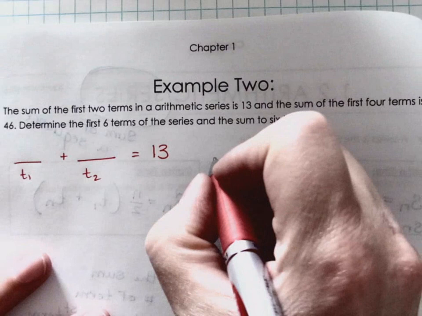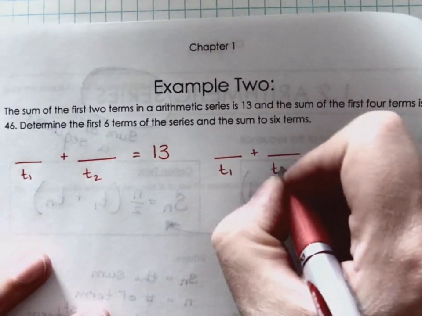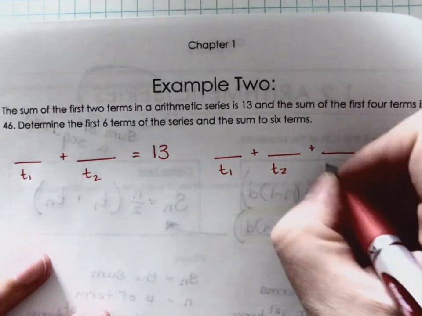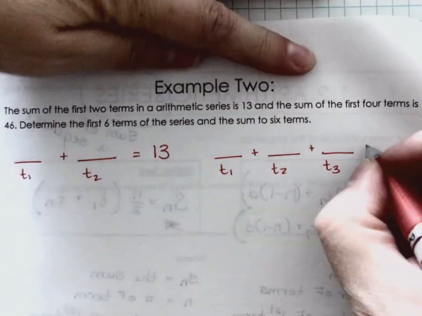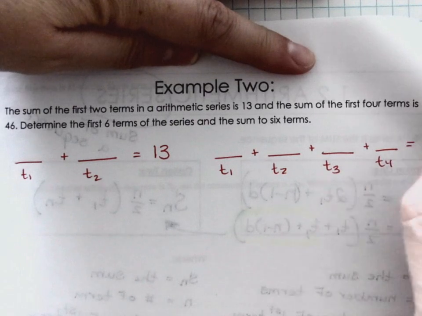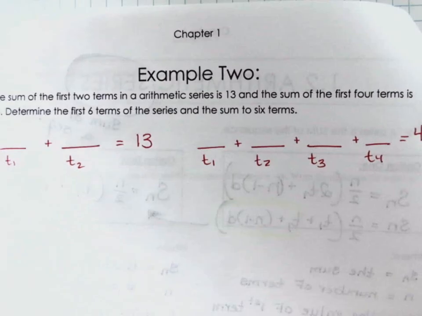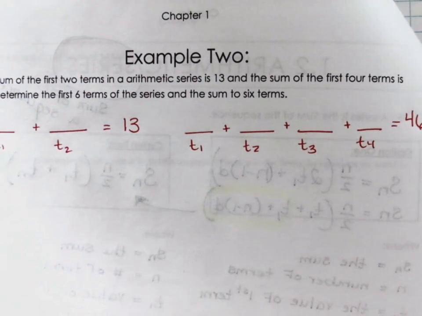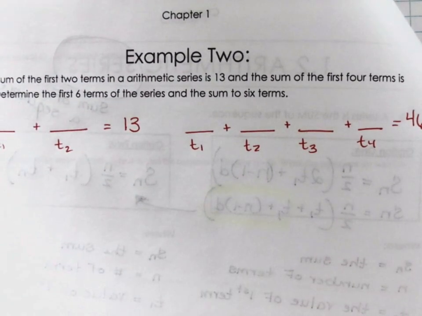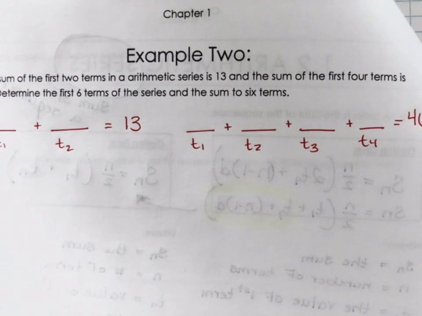So we know that T1 plus T2 plus T3 plus T4 equals 46. They're not denominators. I'm just writing them underneath because I don't know what the number is. I don't know what T1 is. It's not a fraction, sorry.